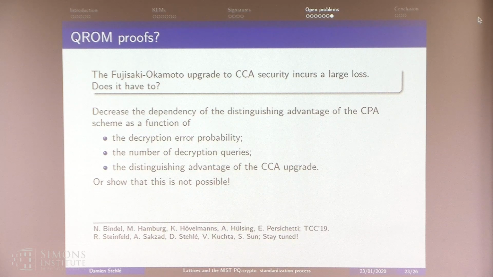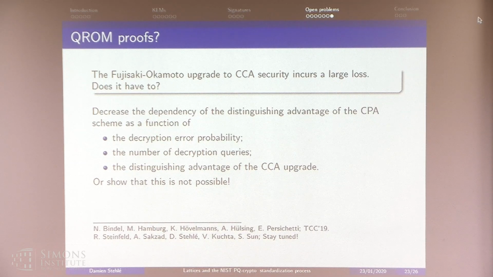We could ask to decrease the dependency of the CPA distinguishing advantage as a function of the decryption error probability. If you look at the HHK paper, there is a dependency in the security loss which depends on the decryption error probability, which is actually not small at all for parameters that have been chosen in practice.